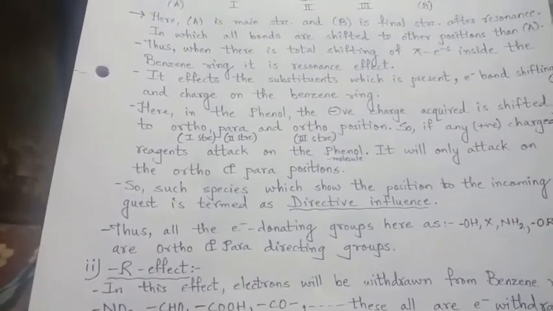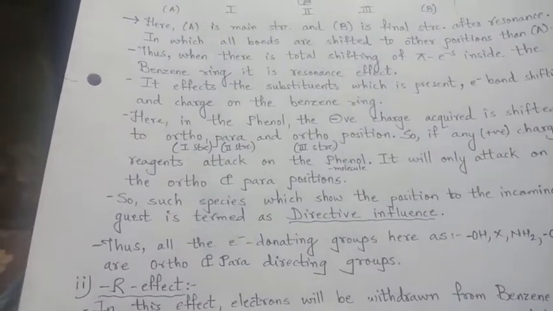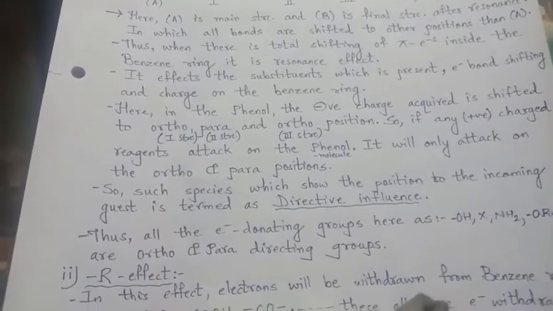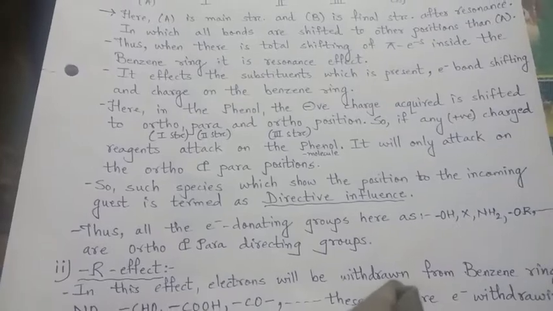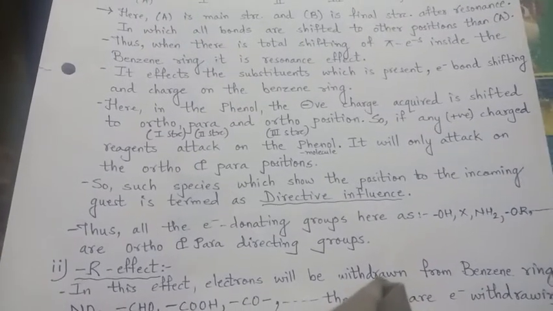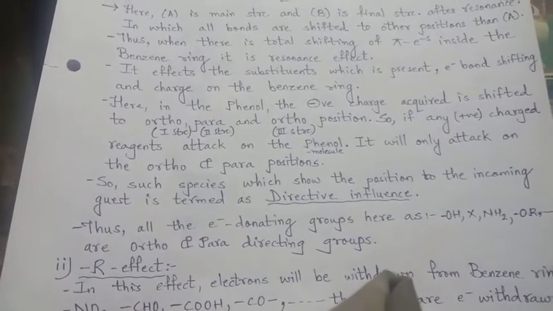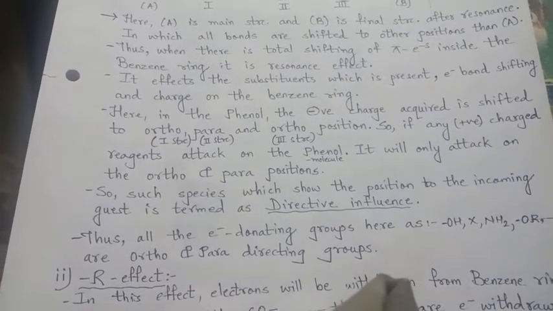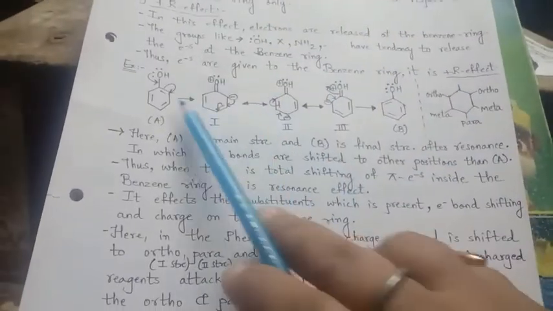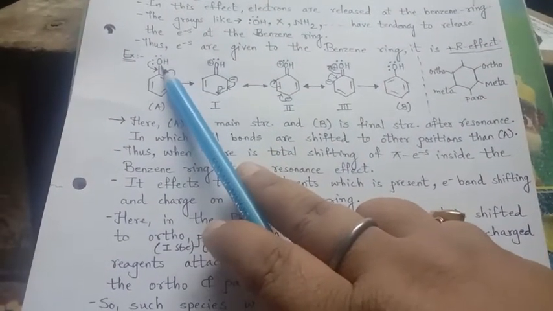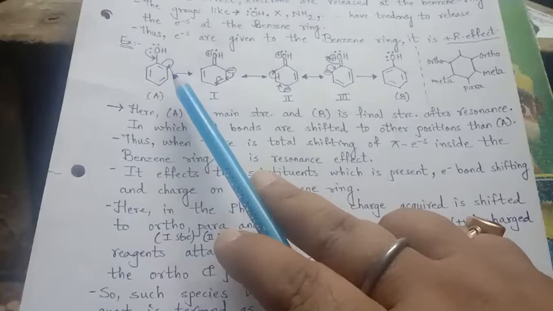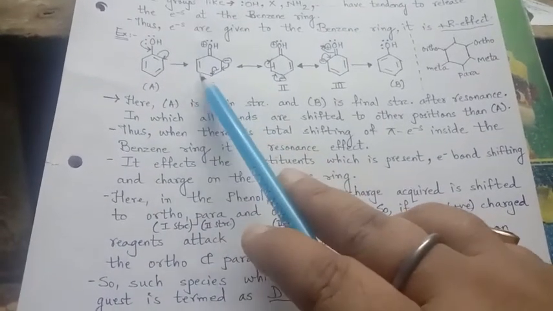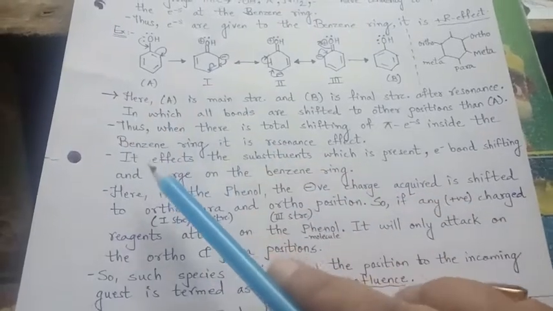Till here you will keep in mind that the substituents or the species which are present, when that species shows the position, to whom are they showing the position? To the incoming reagents which are the guest, that where they should sit, then this is termed as directive influence. As here OH is giving the idea to the coming reagent that they can sit either on ortho or para position, right?